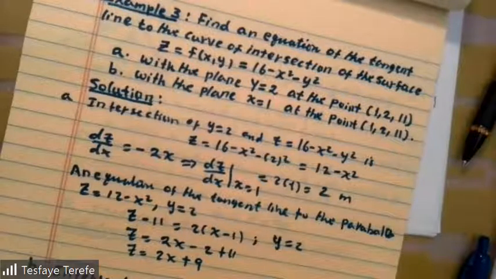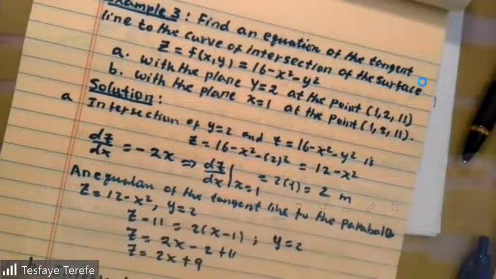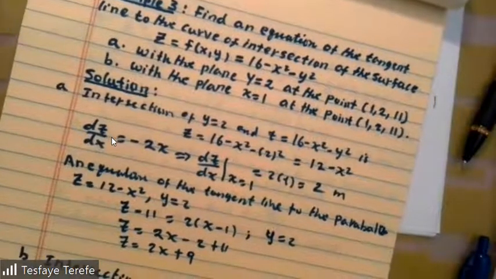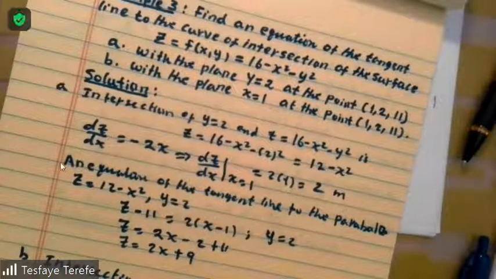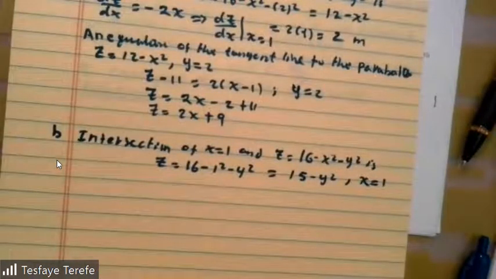So z equals 16 minus 1 squared minus y squared, and that is 15 minus y squared. That is what I have, with the precondition that x is equal to 1. Is it clear what argument I'm making, guys? Yes?